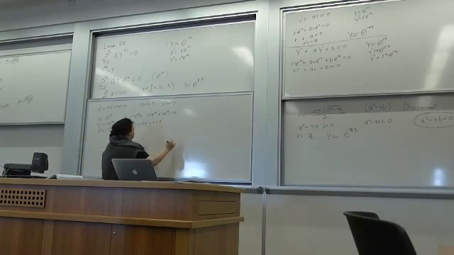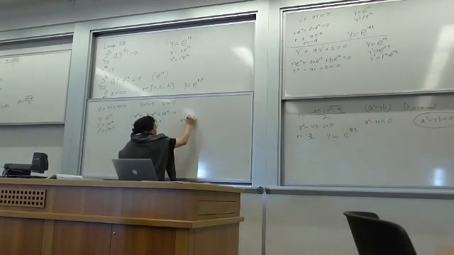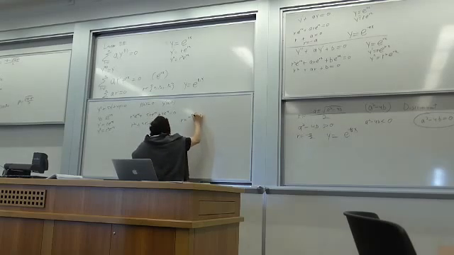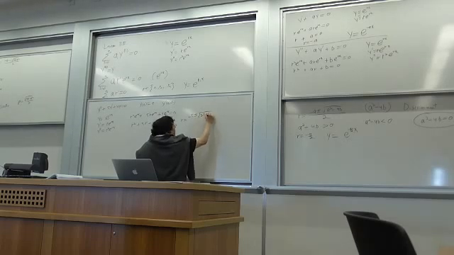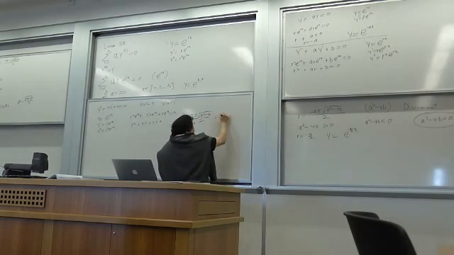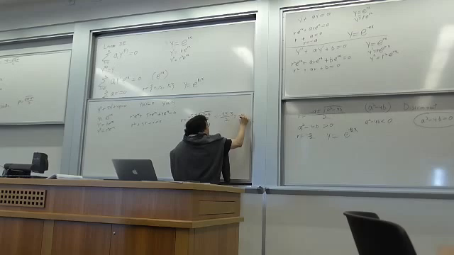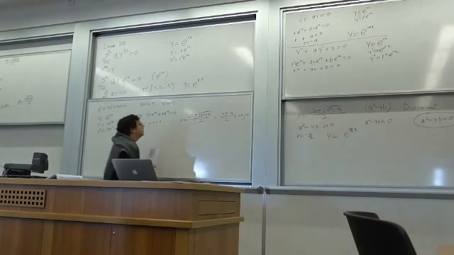Our quadratic formula tells us the two roots are negative 5 plus or minus the square root of 25 minus 16, over 2, which is negative 5 plus or minus 3 over 2, which is negative 4 or negative 1.